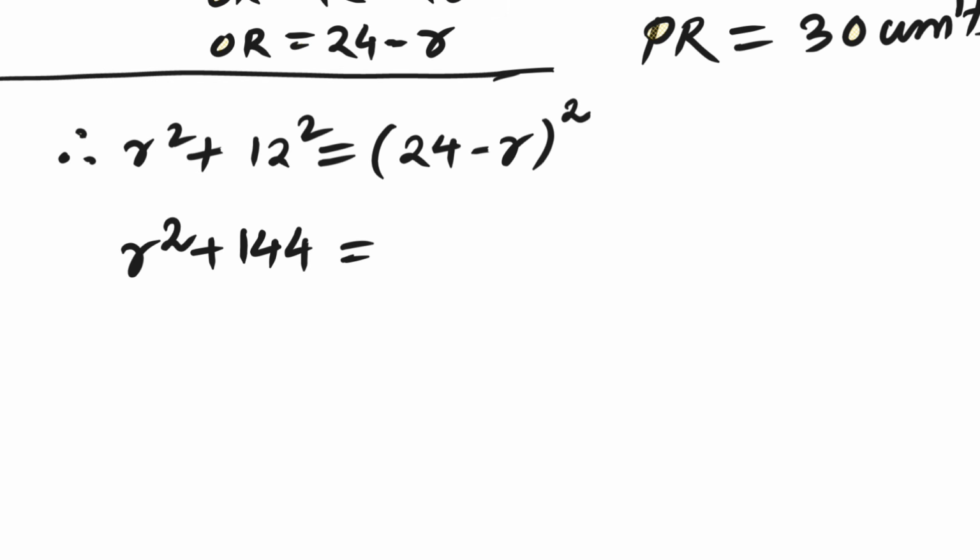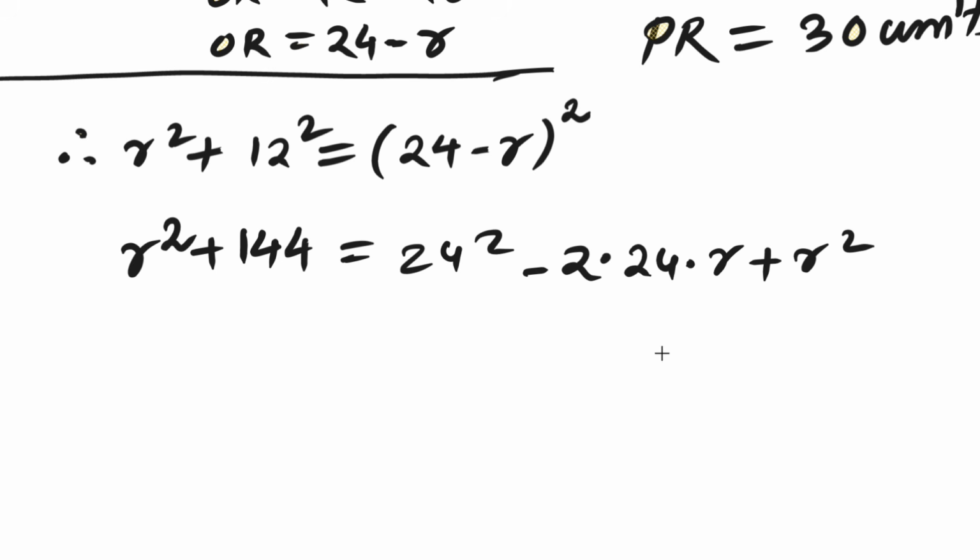Now we expand the quantity 24 minus r, all squared. Remember the identity: the quantity a minus b, all squared, equals a squared minus 2 multiplied by a multiplied by b plus b squared. Applying that identity here, the quantity 24 minus r, all squared, becomes 24 squared minus 2 multiplied by 24 multiplied by r plus r squared.